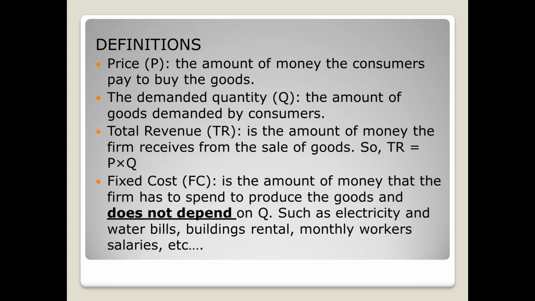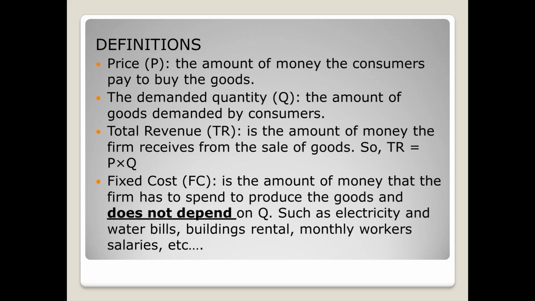Let's say the producer is renting land or a place, so he has to pay the rental of this building every month, whether he produces a small amount or a huge amount. So it does not depend on the quantity produced.